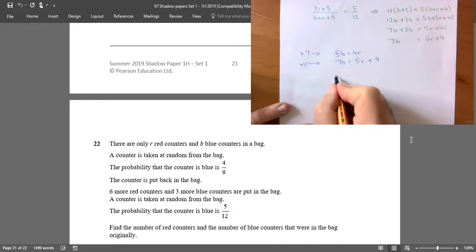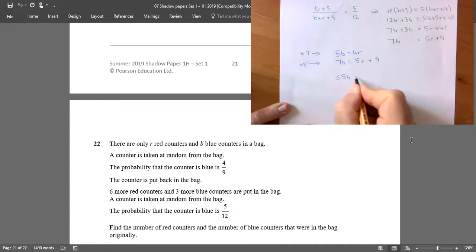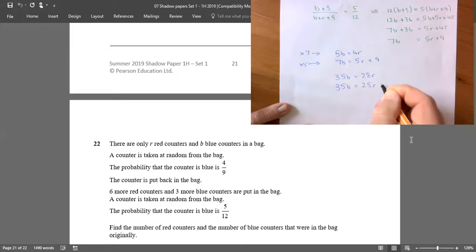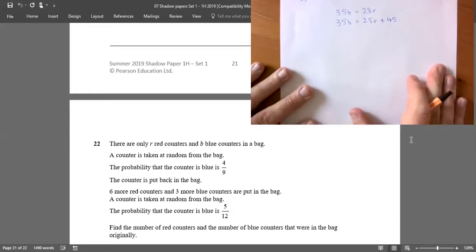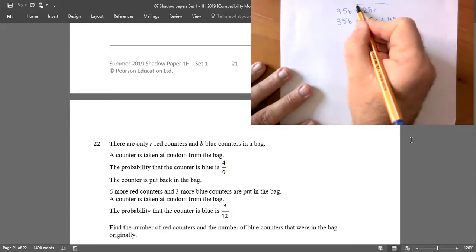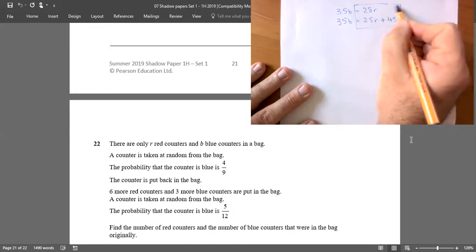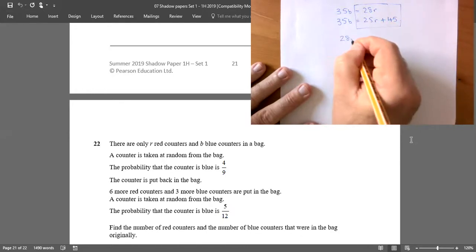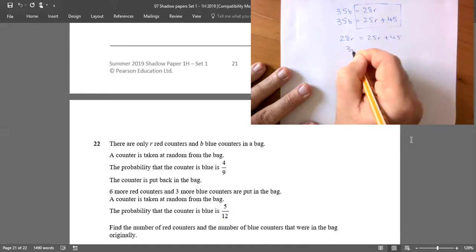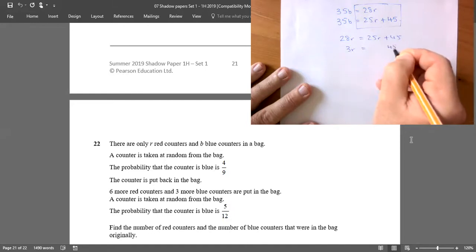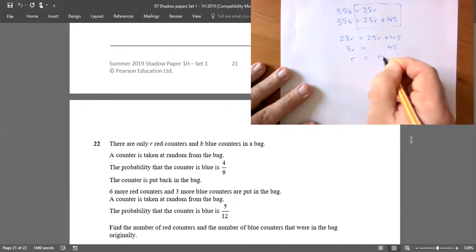So I'm going to have 35B equals 28R and then 35B equals 25R plus 45. So now these two bits must be equal to each other. 28R equals 25R plus 45. So 3R equals 45. So R must equal 15.